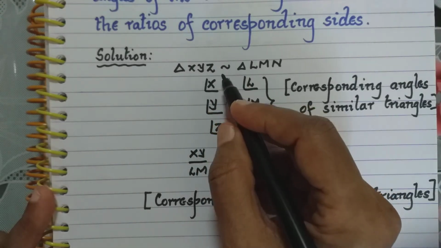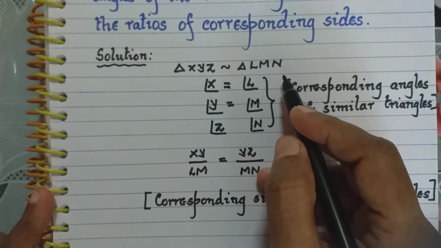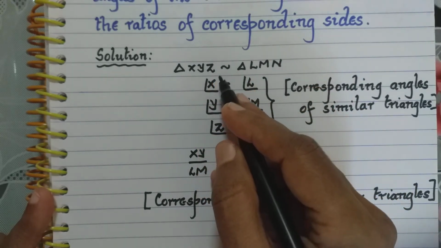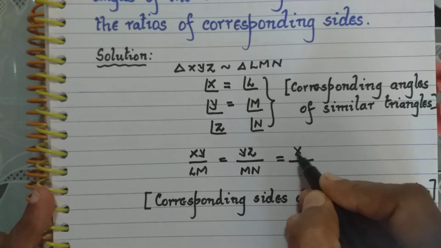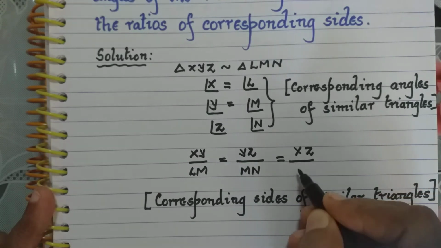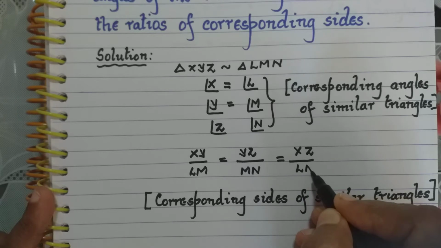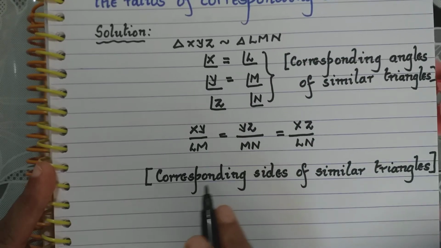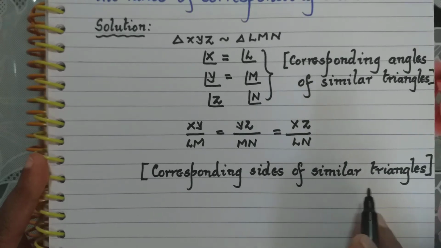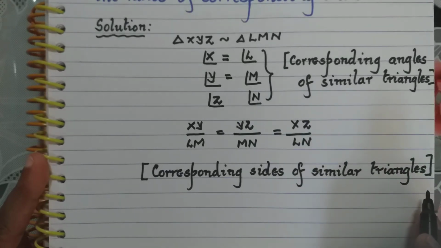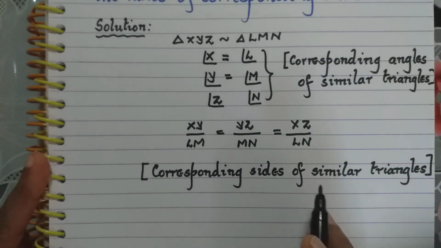And the first and last alphabet, XZ upon LN. What are these? Corresponding sides of similar triangles. So this was question 1.